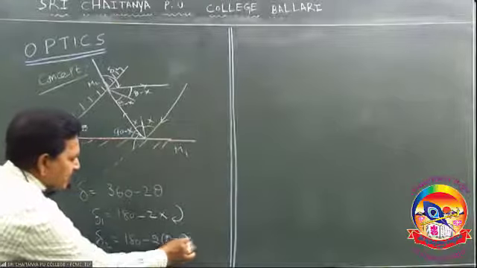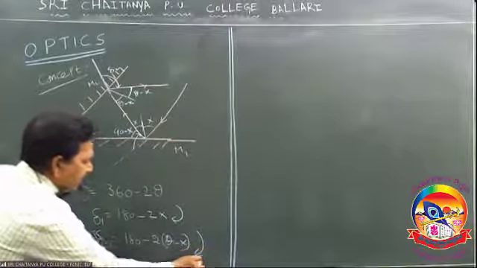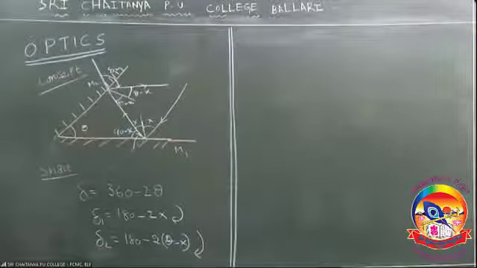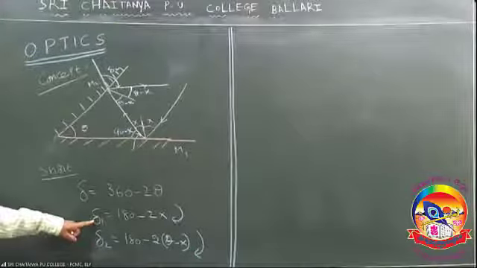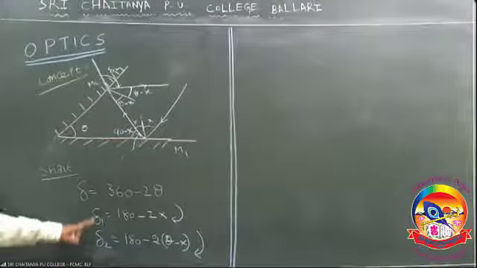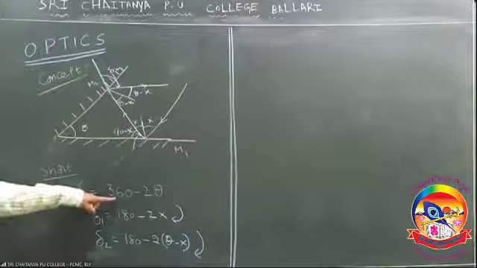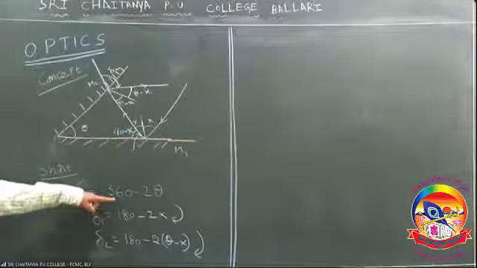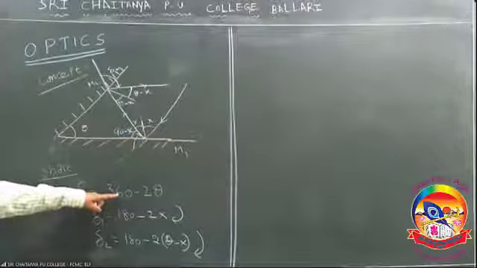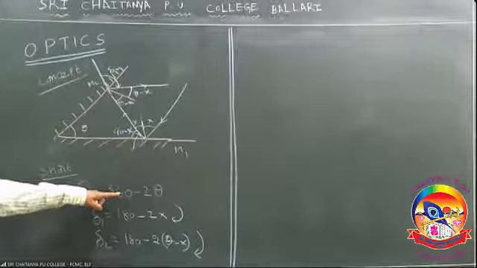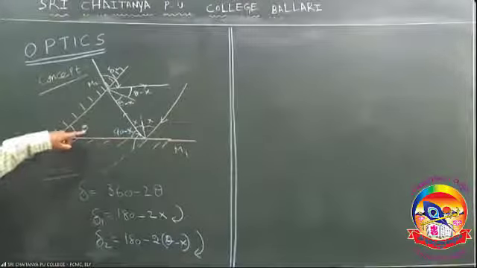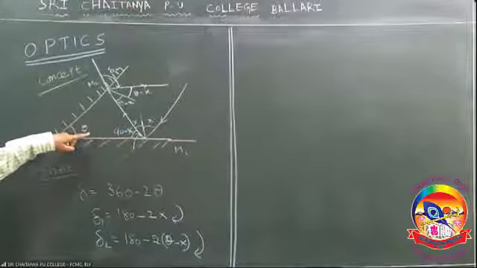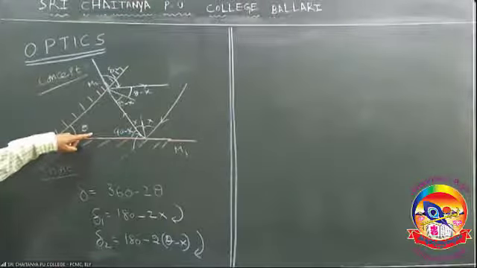It is also in what direction? Clockwise direction. This is delta 1, this is delta 2. If you add these two, I will get 360 minus 2 theta. This is the total deviation after two successive reflections when the angle between the two mirrors is theta.